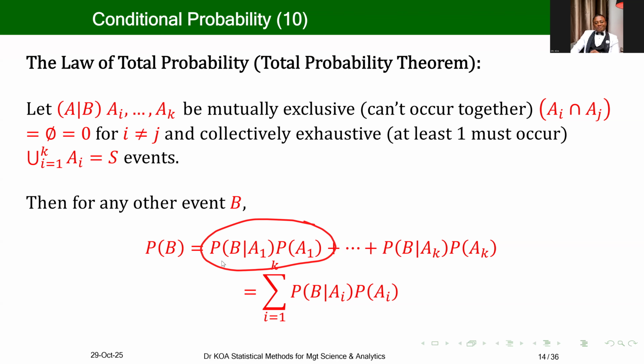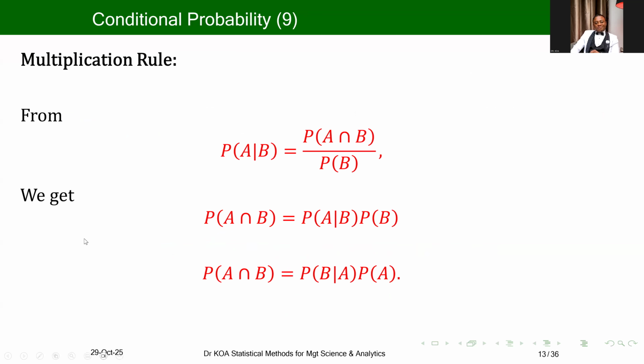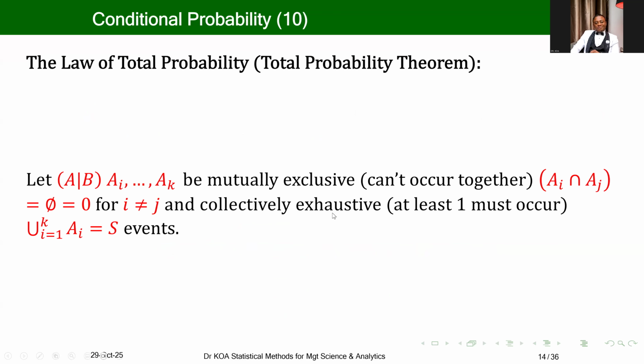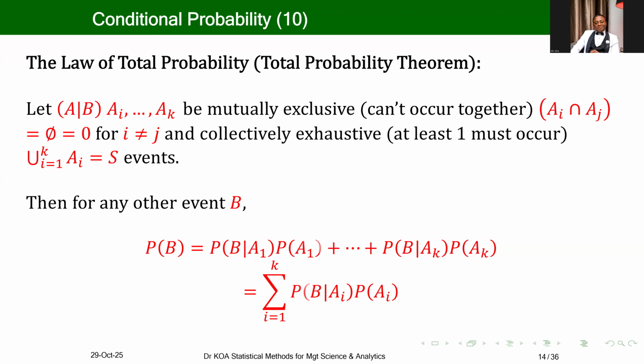Let me take you back a little bit. Remember, it is this A intersection B here that, when you cross multiply, gives you that. So this very point is what we are having multiple of, because there are multiple events being discussed here. This is known as total probability.